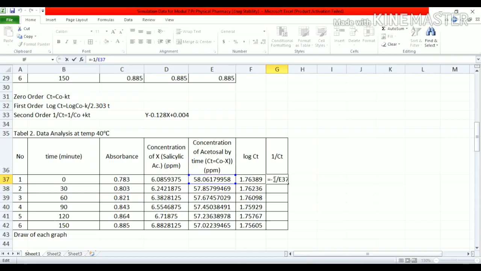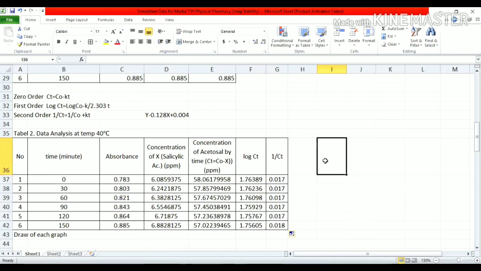For the zero order reaction, we will make a regression of T versus the Ct. So we make a graph. Please insert the graph with a scatter type of graph. And then we select the data for zero order, add the data, and this is for zero order.